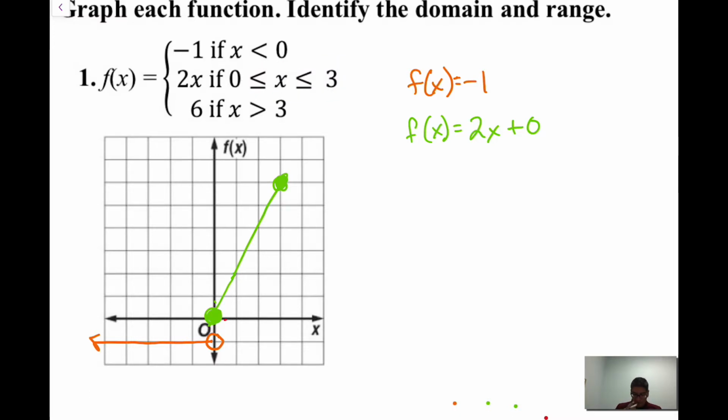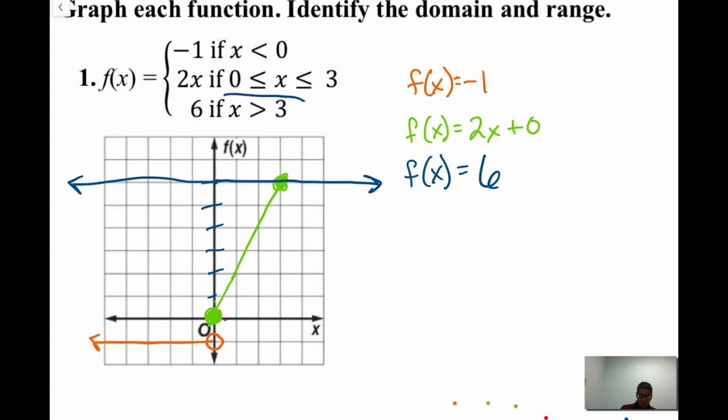Okay? All right. Next part, I'm looking at f of x, my last part, equals 6. All right? So again, there's no slope. But at 6, y equals 6. So 1, 2, 3, 4, 5, 6, there is a line. Now I got to look at my parameter.